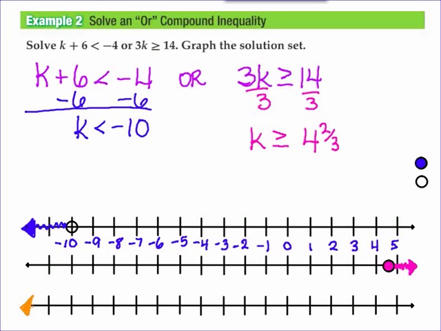Where do I stop? -10, I'm gonna use an open circle. Is -9 shaded? -8? -6? When is the next thing that'll be shaded? 4 and 2/3, and I'm just gonna go ahead and put a closed circle, and then I'm gonna shade that in. So our solution set is what's in orange.